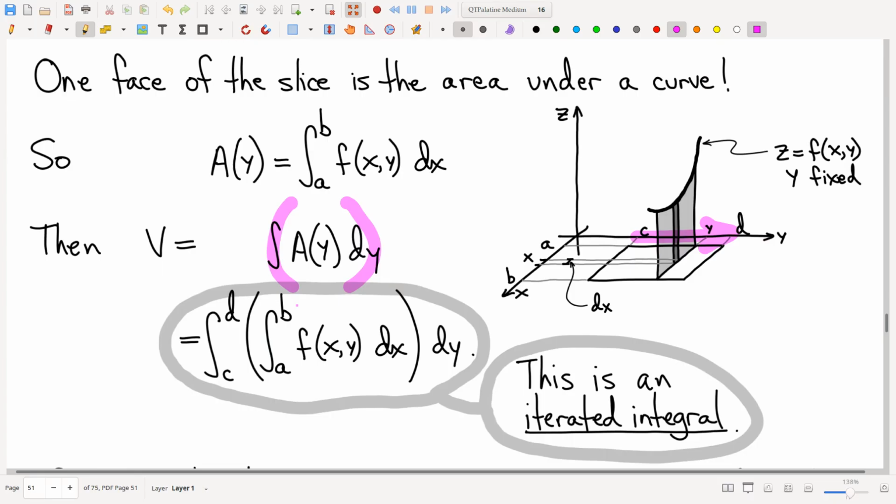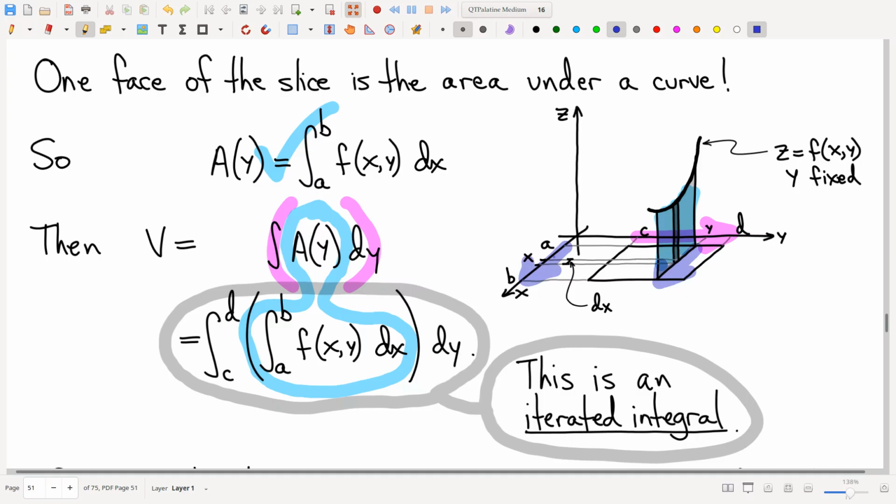Now wait a second, we just computed the integrand. The integrand is this area, and that area we just got through deciding is itself an integral. It's an integral as we go in the x direction to compute that cross-sectional area.